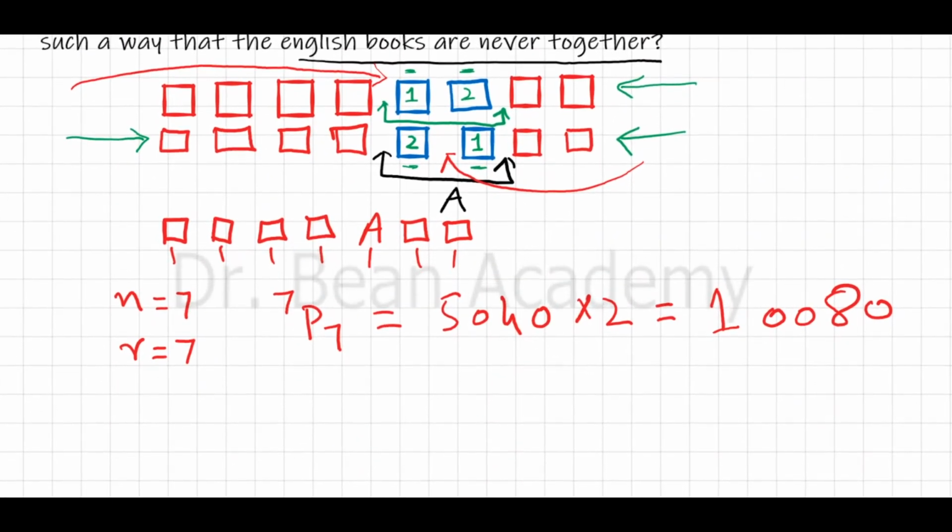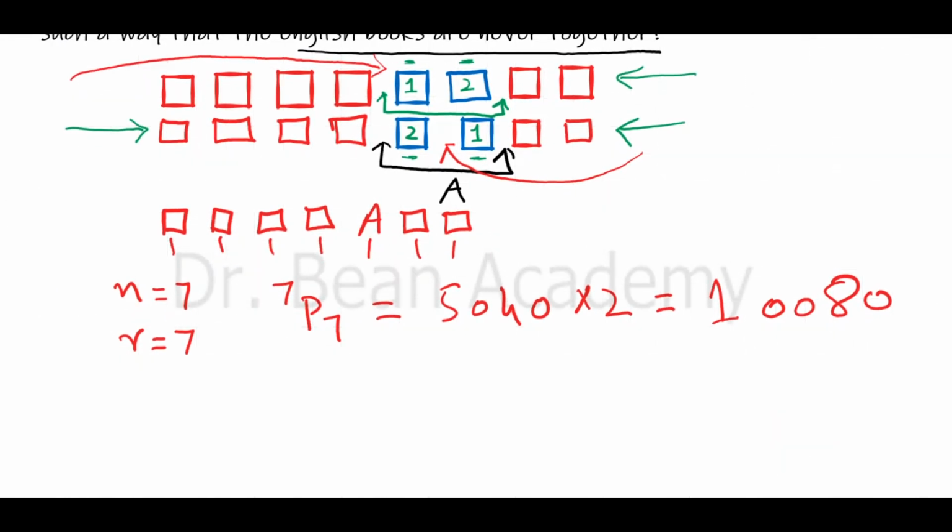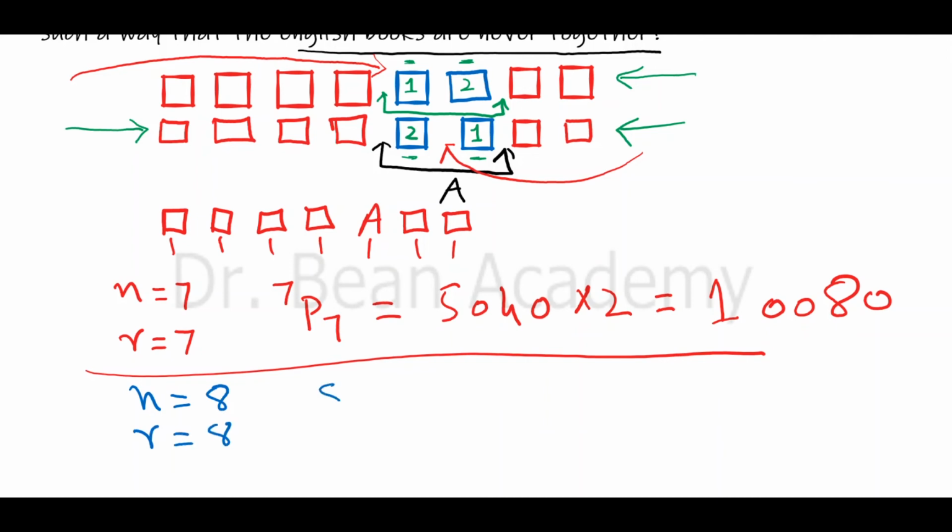Next, I will calculate the total number of permutations, including those permutations in which the two English books are together and those permutations when they are not together. Of course, in that case, n equals 8, r equals 8, and 8P8 equals, the answer is 40320.